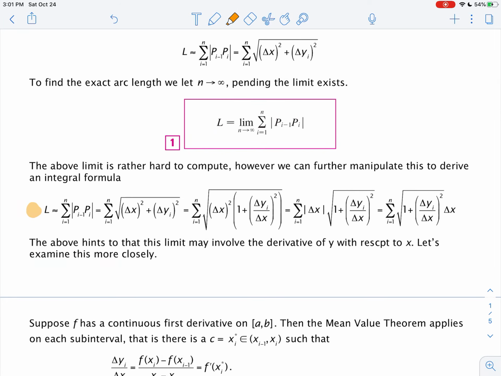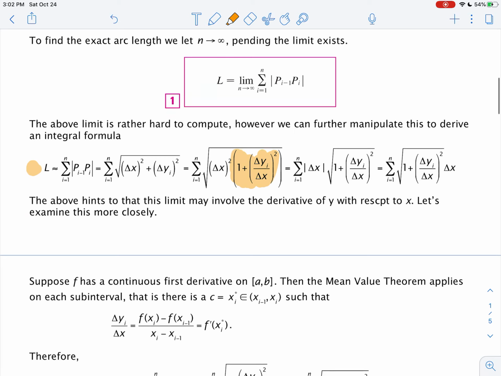Here in this line, we start with delta x squared plus delta y squared, and we factor out the delta x squared, and we end up with delta x squared times 1 plus (delta y over delta x) squared. Then we throw in a little bit of the mean value theorem, because we're dealing with a continuous function whose curve we are trying to calculate the length of, and we're assuming it is differentiable on all of those subintervals.